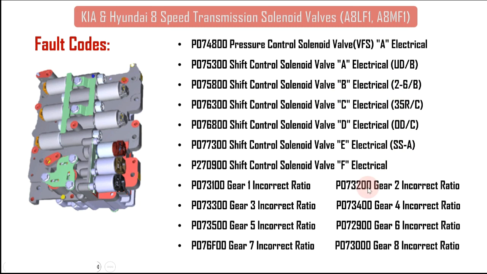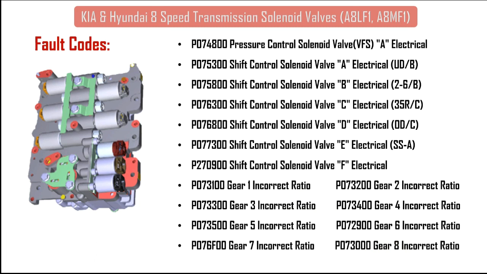But there are some other fault codes where one possible cause can be the solenoid valves as well. For example, gear 1 incorrect ratio, and it goes all the way to gear 8 because there are 8 speeds in this transmission. When you have an incorrect gear ratio, one possible cause could be the solenoid valve.